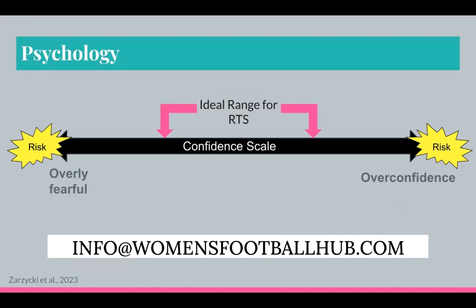So if you are overconfident in your skills, you might return a little bit too fast, which is increasing our risk. On the contrary, the left side is over fearful, which if you're over fearful, you might have hesitations that might also increase your risk. And so the ideal range for a return to sport athlete, or someone who's really ready to go back, is to be right in the middle of the confidence scale.